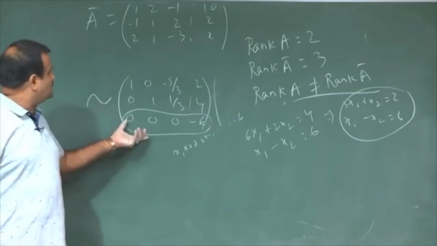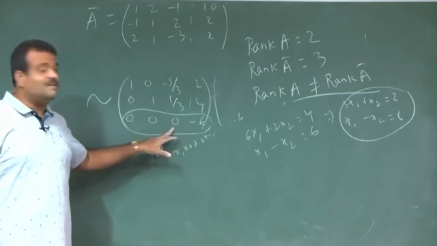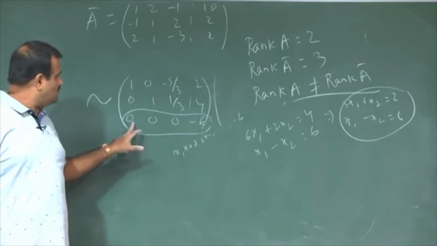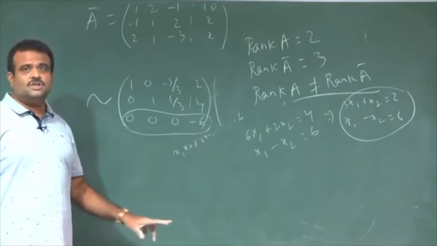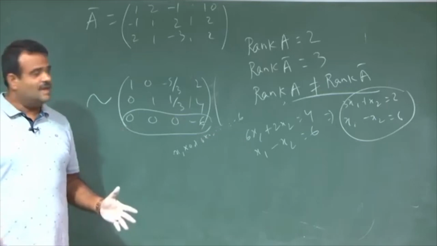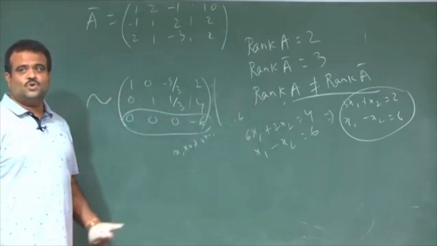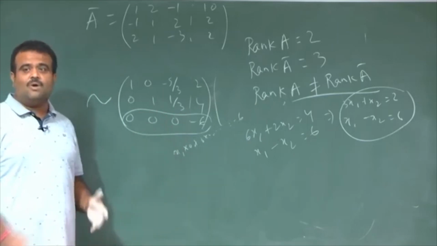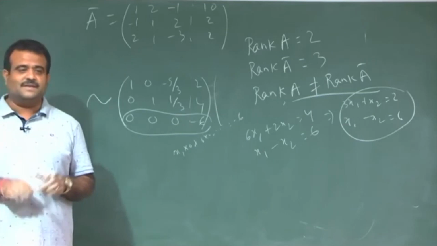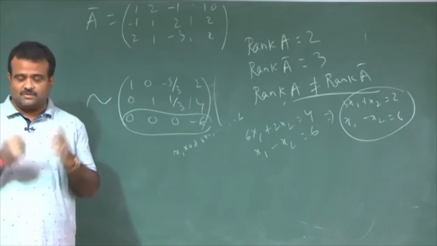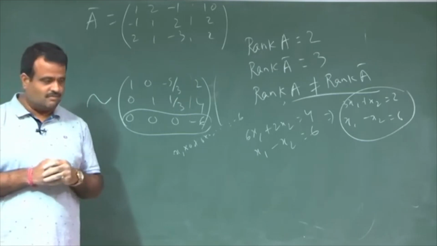Now this system is equivalent to the original system, but this system has no solution, because these are all zero coefficients and here we have a non-zero. So this system has no solutions. That is why the rank is not the same. This is another way to look at why the rank of the augmented matrix and the rank of the matrix A should be the same for a consistent system.